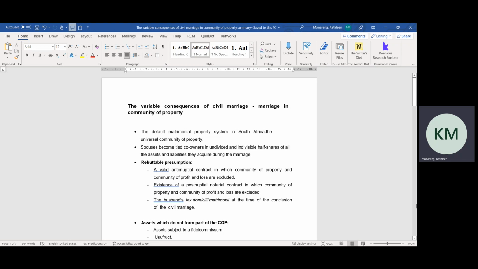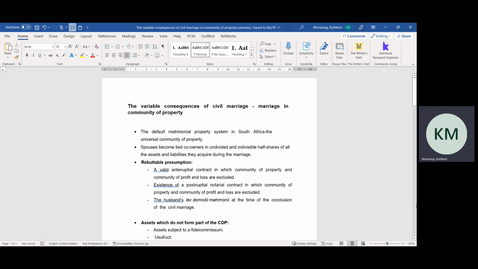So this means that the default matrimonial property system that will be applicable to the spouses' marriage will be out of community of property. This is known as the lex domicilii matrimonii principle. The lex domicilii matrimonii at the time of conclusion of the civil marriage is very, very important.